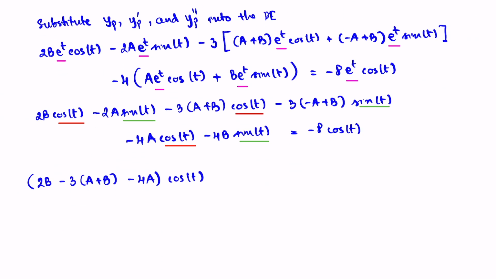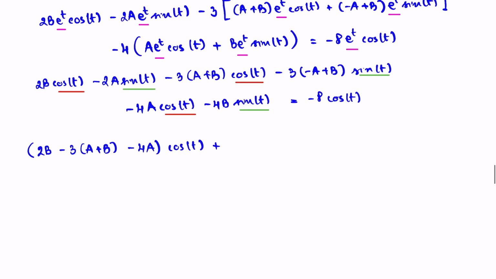Now, still on the left-hand side, you combine anything related to sine of t together, or take sine of t as a common factor, and you're left with negative 2a minus 3 times (negative a plus b) minus 4b times sine of t, and this is equal to negative 8 times cosine of t. Simplify the coefficients even further.